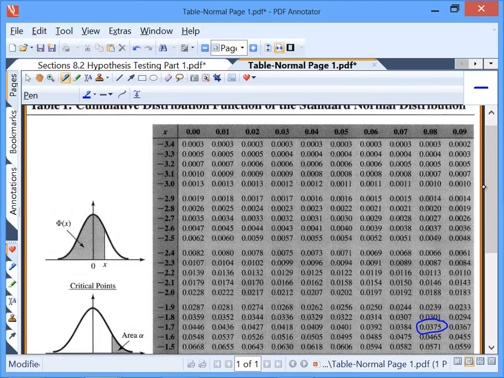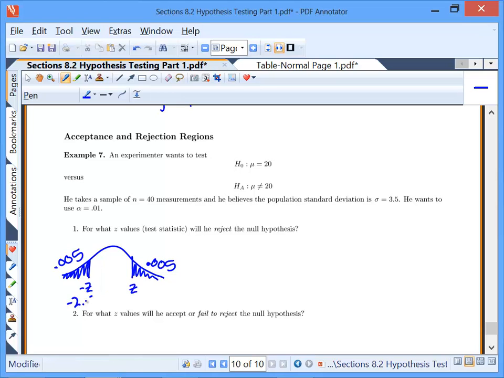Okay, what is that going to put us at? It looks like we're evenly between 0.051 and 0.049, so negative 2.575 is what I'm going to go with. So if I want to reject, I need to be in the tail, so I'll reject if what?